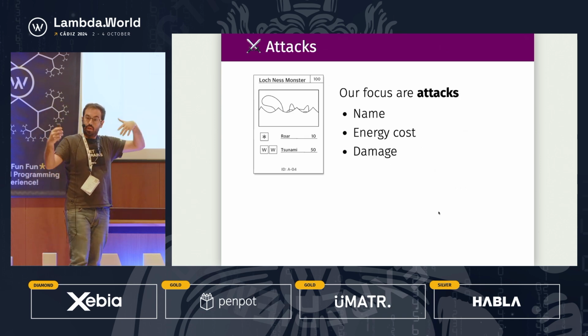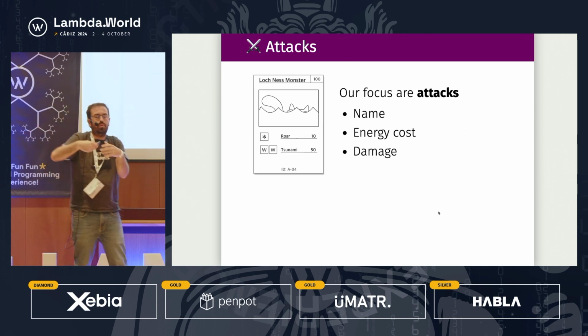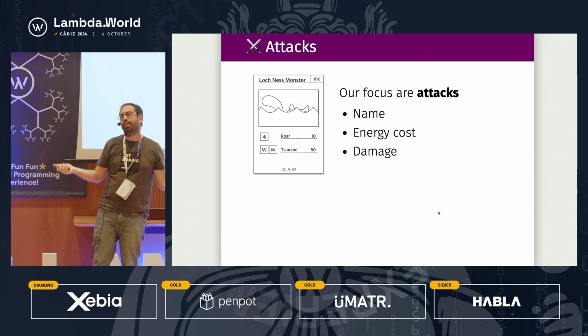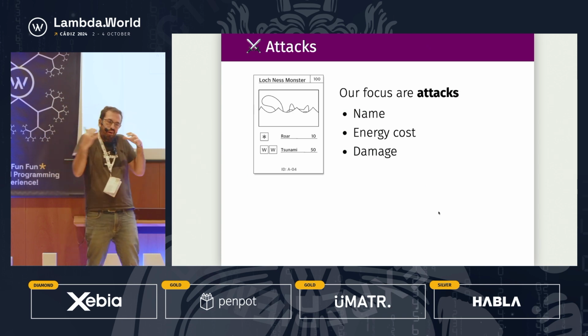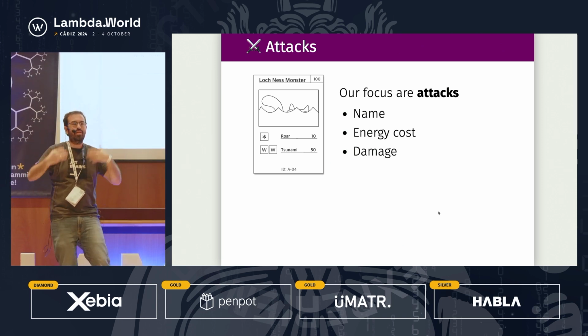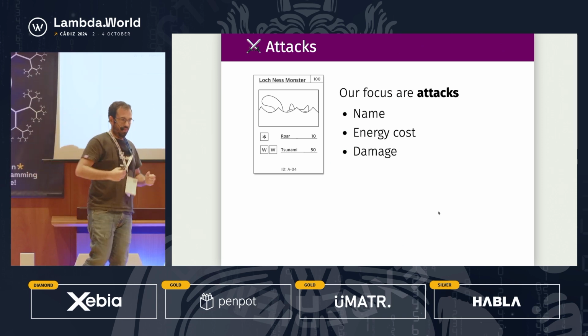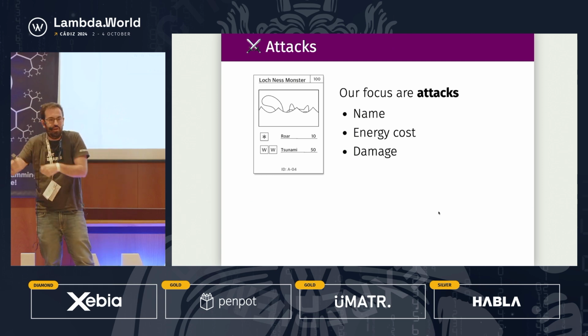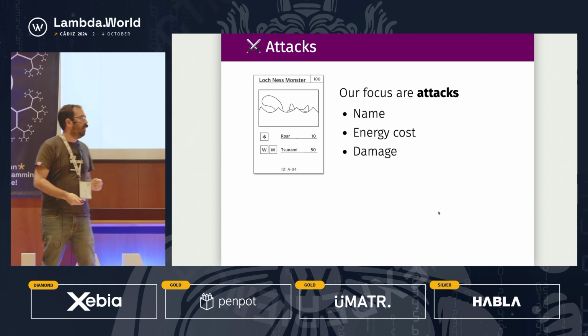As I said, we want to model this. We are going to assume that we are building a client, and we don't care that much about the network or anything. All we want is to be able to model the information in a card in our programming language, so then we can execute it and do whatever we want with it.